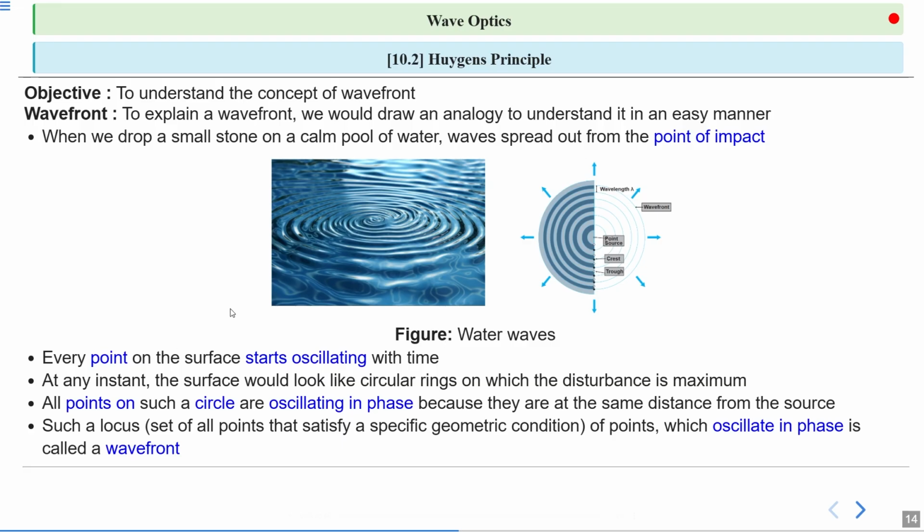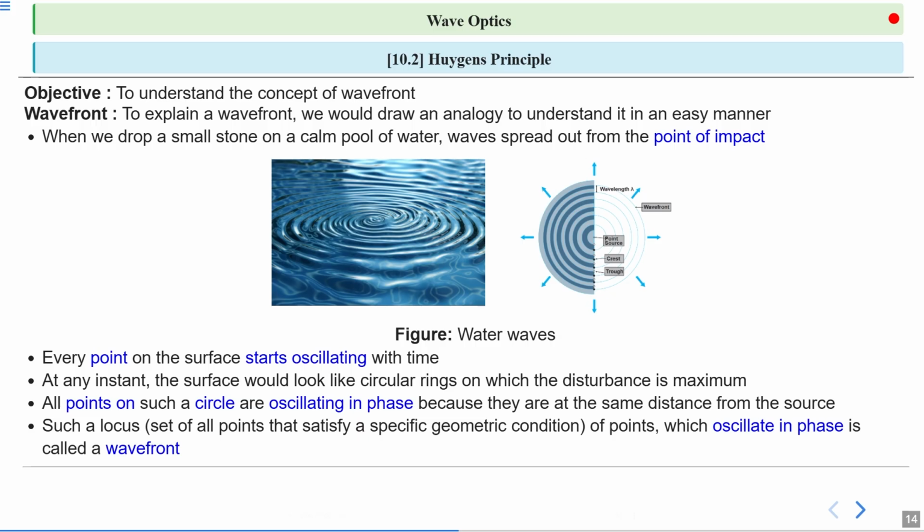So finally, the set of all points that oscillate in phase forms what we call a wavefront. It's a locus of points sharing this specific geometric condition. What is locus? Locus is a set of all points that satisfy a specific geometric condition. So what is the specific geometric condition in the case of circular wavefronts? That they are at the same distance from the source.